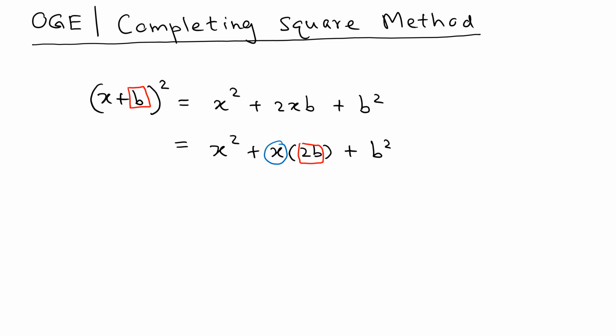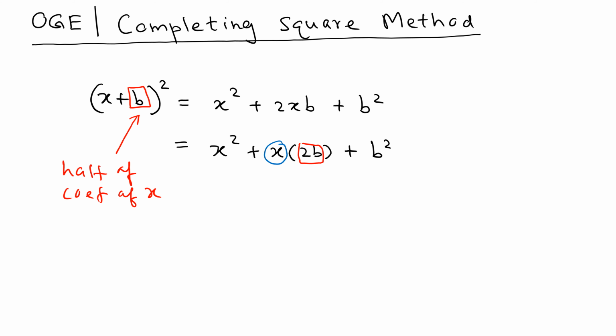That means this term is half of the coefficient of x. Because when you look at the expansion, you have 2b, but what we really need is b. So b is simply half of the coefficient of x, and the coefficient of x is 2b.